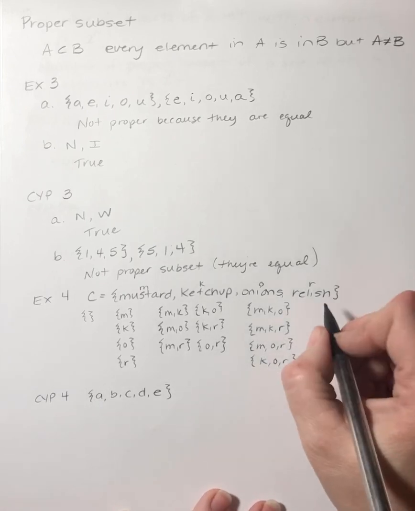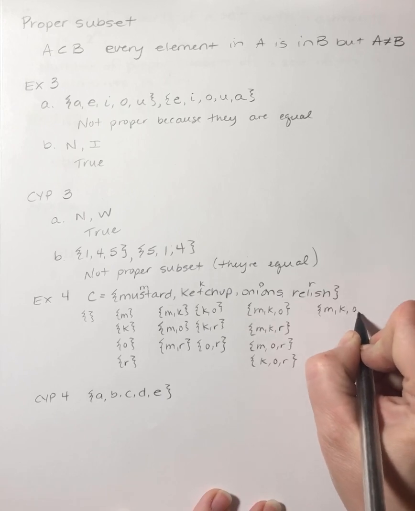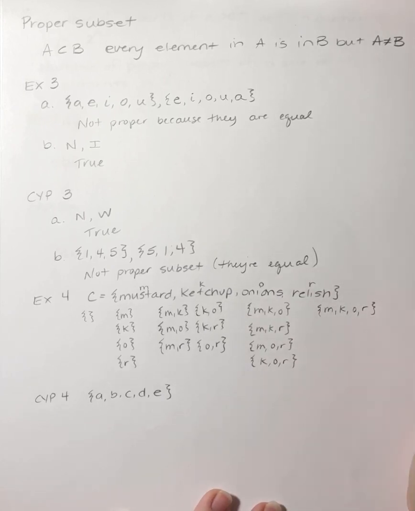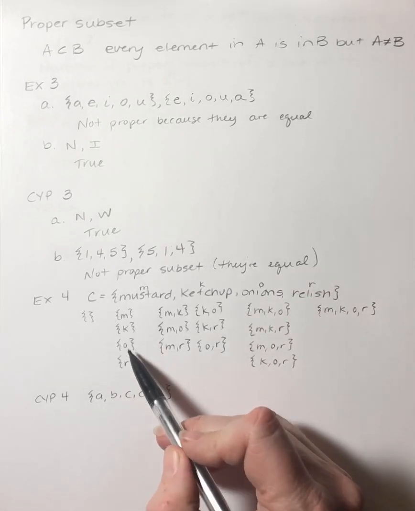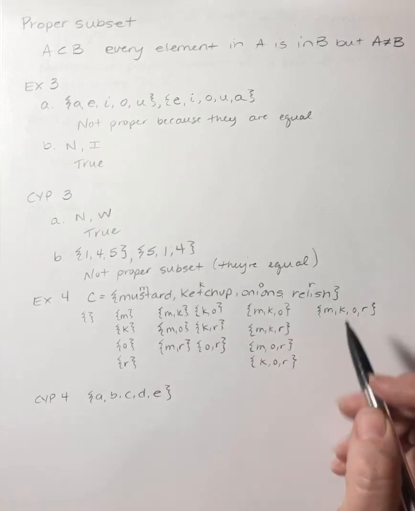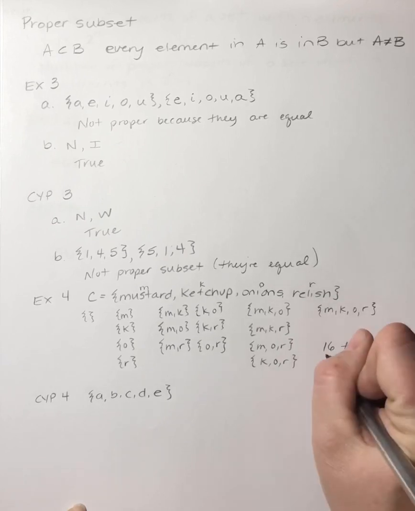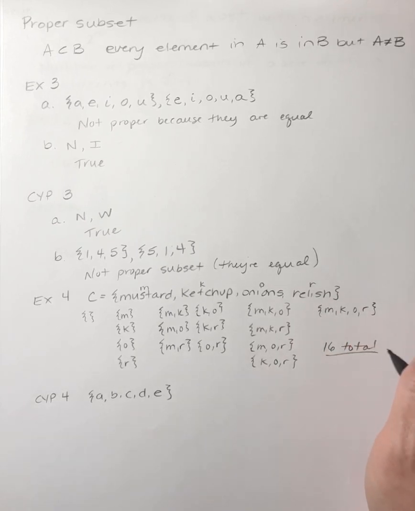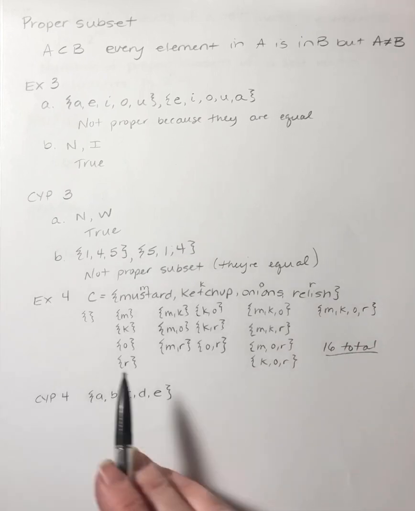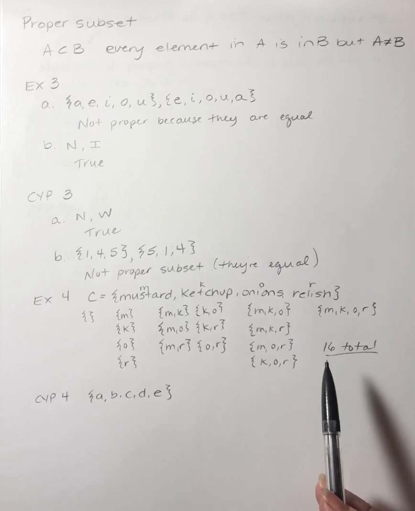And then all 4 M, K, O, and R. So 1, 2, 3, 4, 5, 6, 7, 8, 9, 10, 11, 12, 13, 14, 15, 16 total. And I am going to give you a way shortly to find out how many there are, so that way you already know how many there are, and then you can actually go back and count, okay?